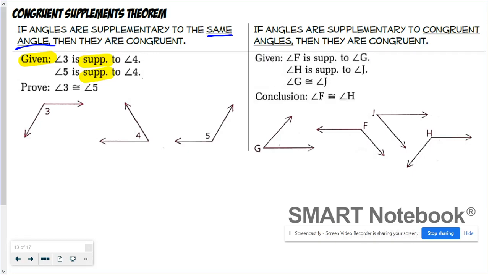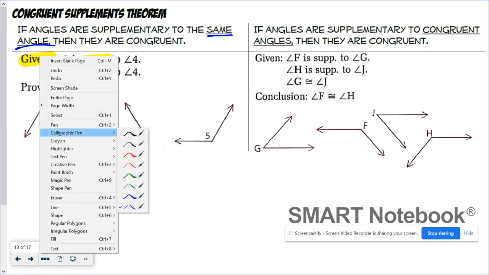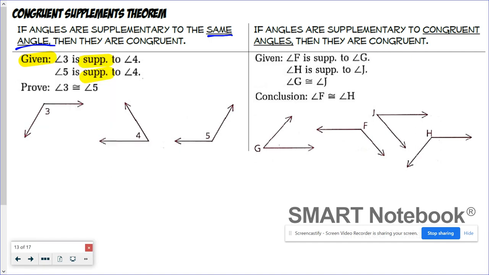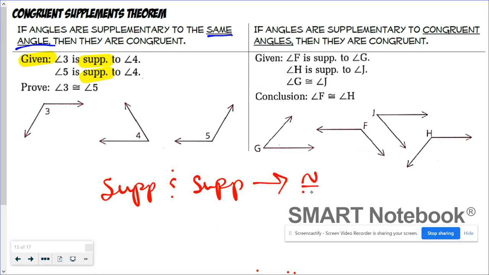So the most basic way that I can describe a congruent supplements theorem and congruent complements theorem is if you're given sup and sup, you can prove congruence. Okay, so we're given the angles are supplementary to the same angle, angle 4, right? And that makes them congruent to each other.